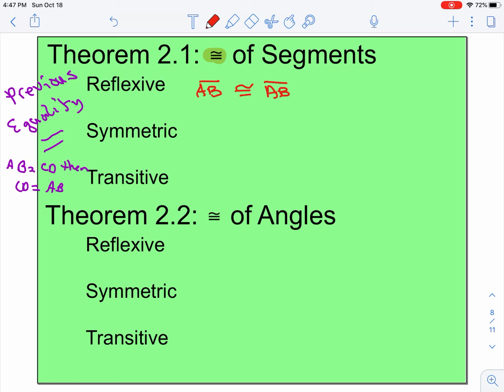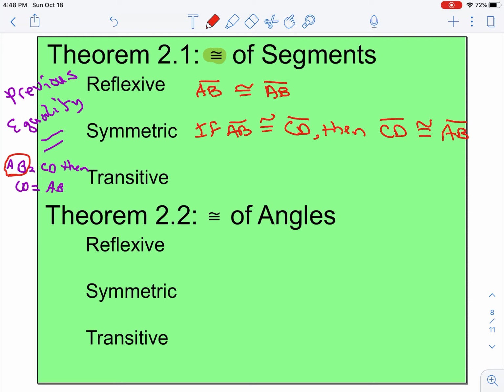The symmetric property would say, instead of using this AB that we had, which was the length of the segment, the distance between the points, now we're saying if the physical segment AB is congruent to the physical segment CD, then by the symmetric property, we can say that CD is congruent to AB. So again, that's flipped around the equal sign.